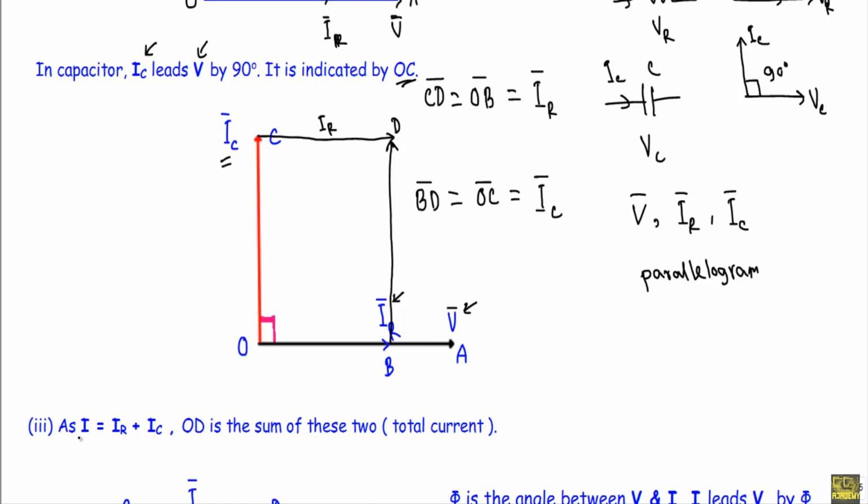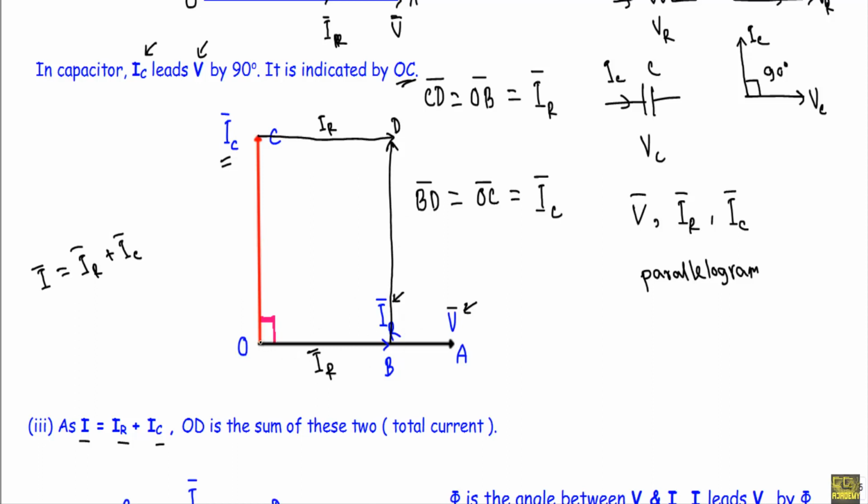See, by applying Kirchhoff's current law at node A, we got that the total current I will be the sum of IR and IC. This is current IR, this is current IC.